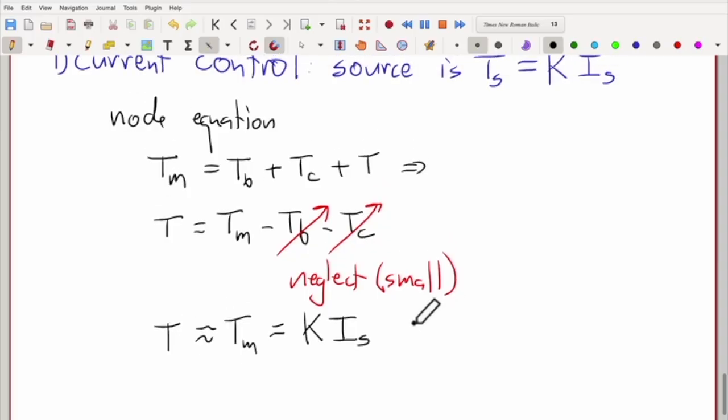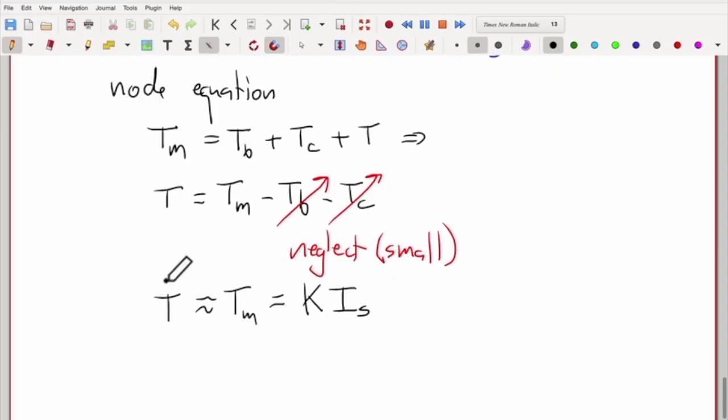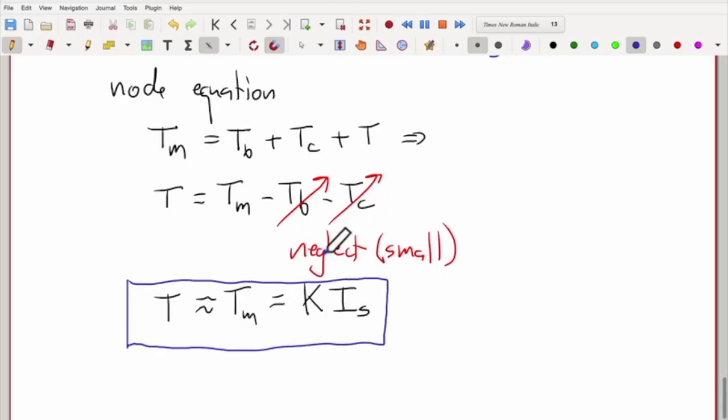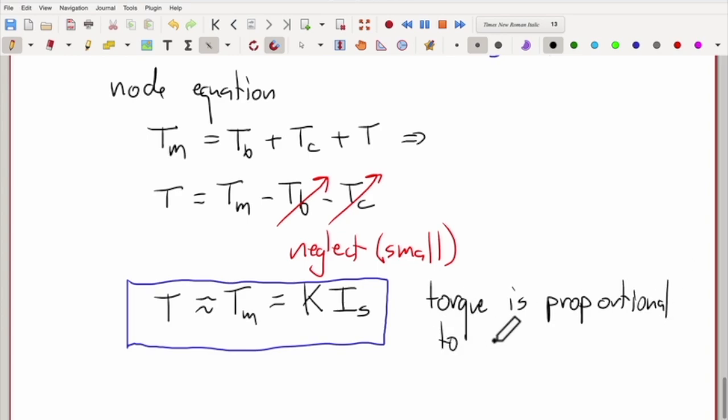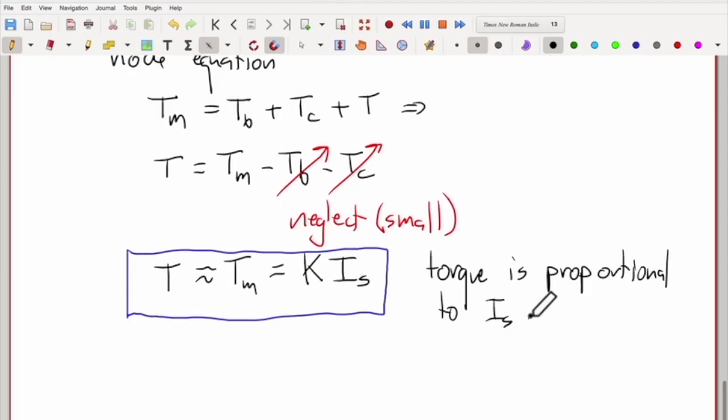And so what you should see from this is that torque is proportional to IS.